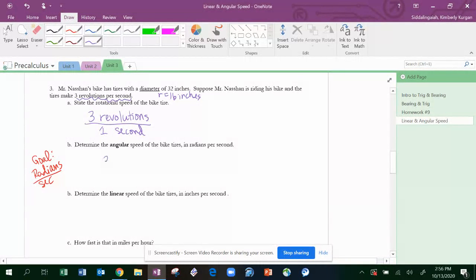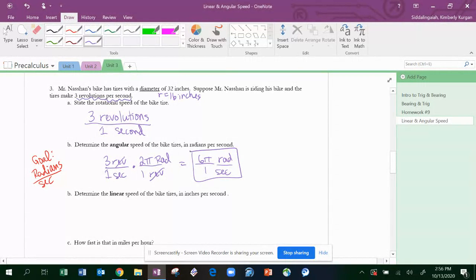All right, so I'm going to start with that 3 revolutions per 1 second. And I want to get rid of the revolutions. So that means 1 revolution, so those will cancel, per 2 pi radians. And hey, then we'll be in radians per second. So let me multiply across. I end up getting 6 pi over 1, and this is radians per second.